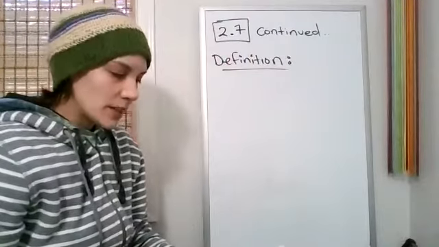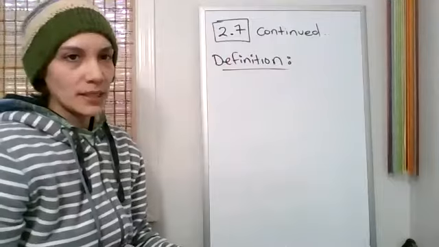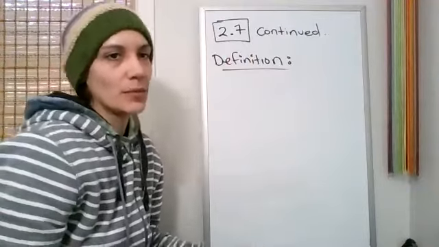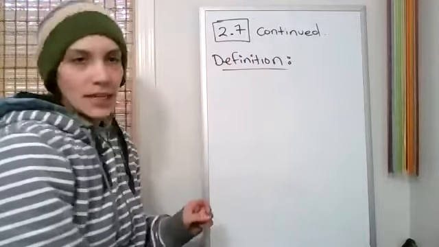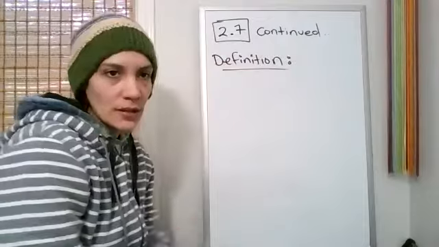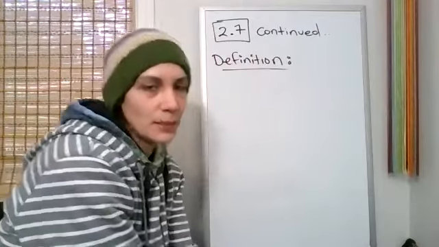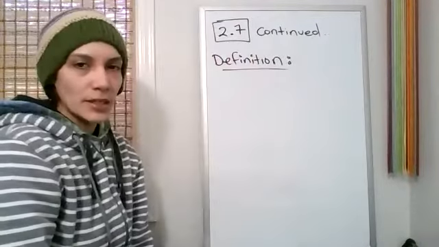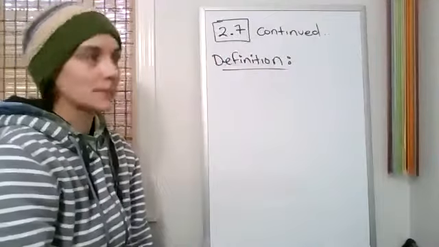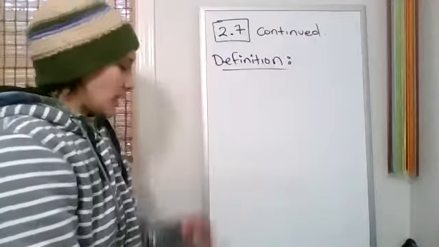The derivative of a function f of x at point x equals a. Oh, also on the side, I guess there's 12 questions on the quiz. Yep. Okay. 10 or 12 questions on the quiz. 12 this time. Okay, the derivative.